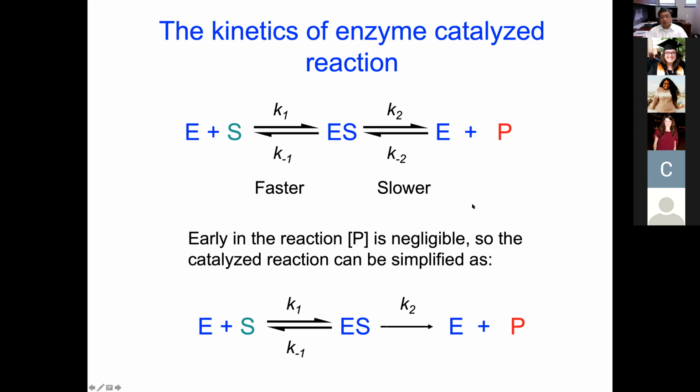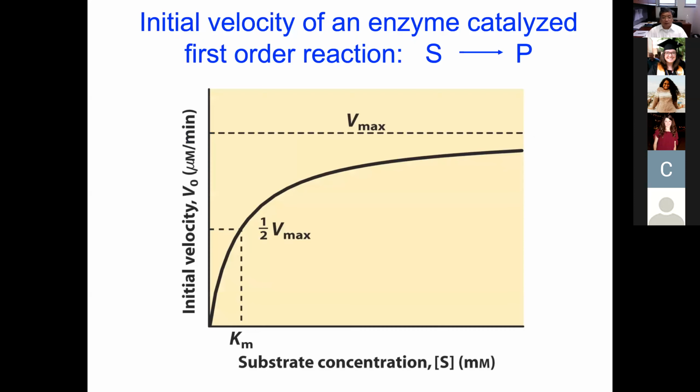Because we're only looking at V0, when you mix the reactant and the enzyme, and then immediately you look at how fast the reaction goes. So we want to look at the initial velocity, not the velocity after a certain time.